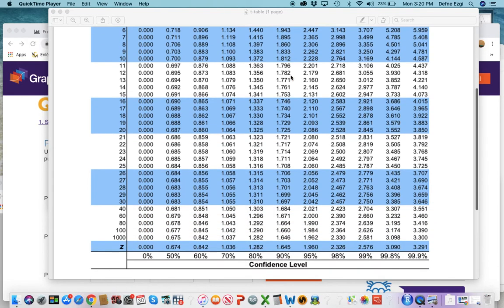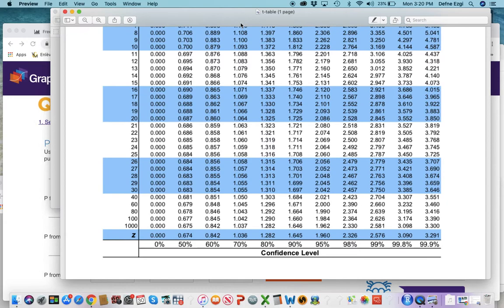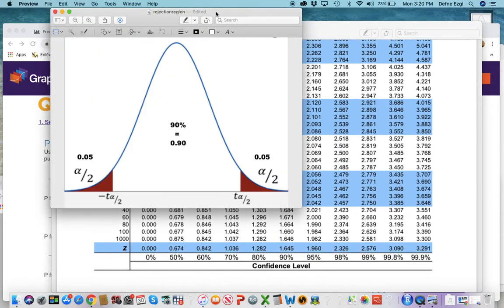So suppose that you are doing a 90% significance test, and you want to find the boundaries of the rejection region. So let me go to my sampling distribution.